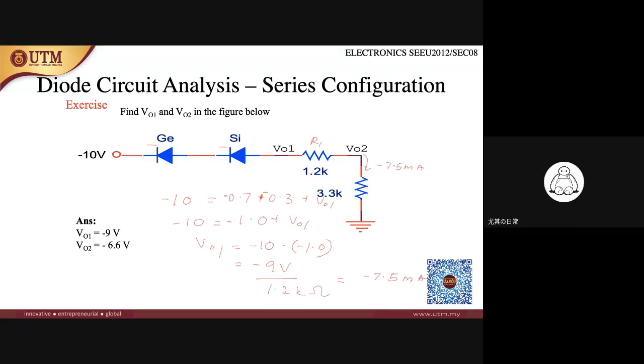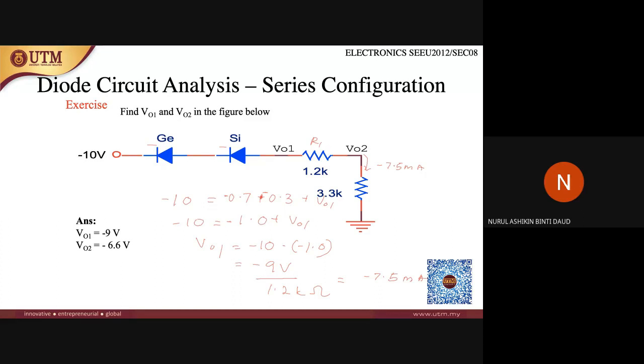And then use the current to multiply back the resistance one. Use the current to multiply by the resistance. How much did you get? Add 0.7.